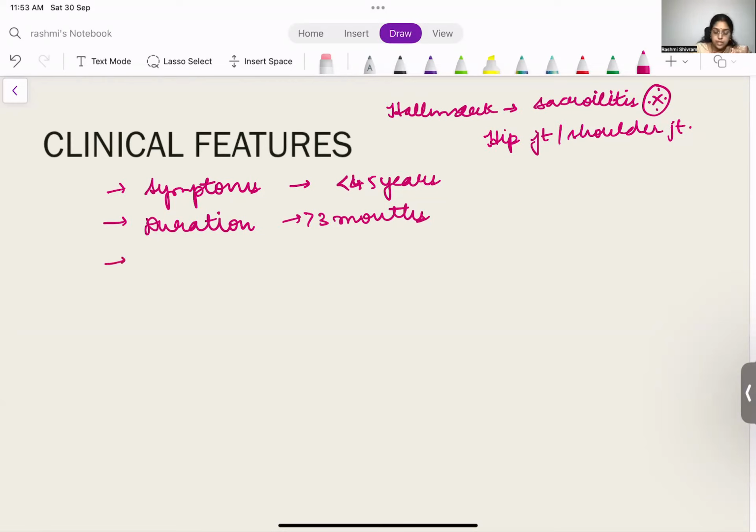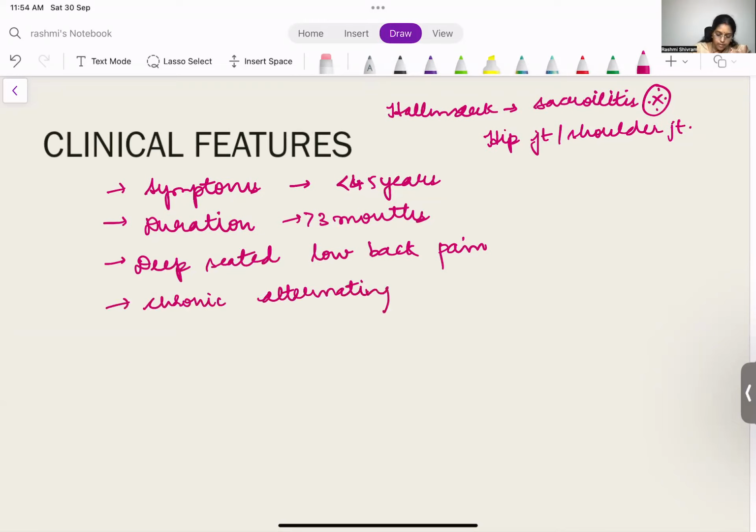So what will the patient have? The patient will have a very deep-seated low back pain, right? One more characteristic thing that you should remember is that the patient can also have chronic alternating buttock pain.